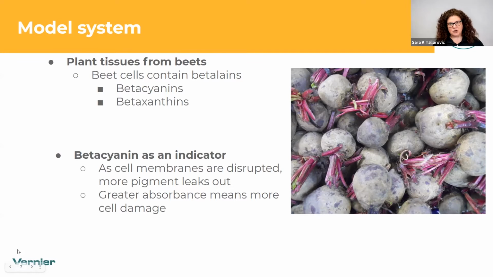So you basically get a darker, more concentrated color of the pigment in the solution that it's incubating in. So if we measure that on a colorimeter or a spectrometer, you can actually get an indication, at least, of the relative amount of cell damage that's happening or membrane disruption that's happening with your absorbance readings.